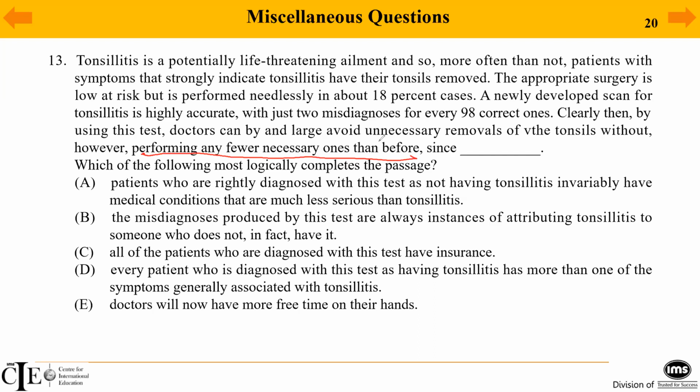Every patient who is diagnosed, D, someone gave D as the answer. Let me read that. A cannot be the answer because A is talking about other conditions. D says every patient who is diagnosed with this test as having tonsillitis has more than one of the symptoms generally associated with tonsillitis.